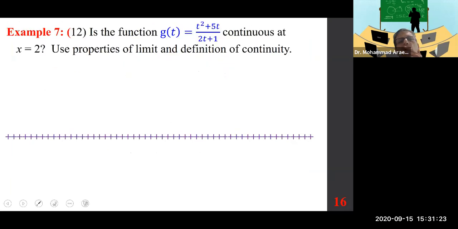Is this function continuous? That's what we want to look at, class. All right, let's see what we get.